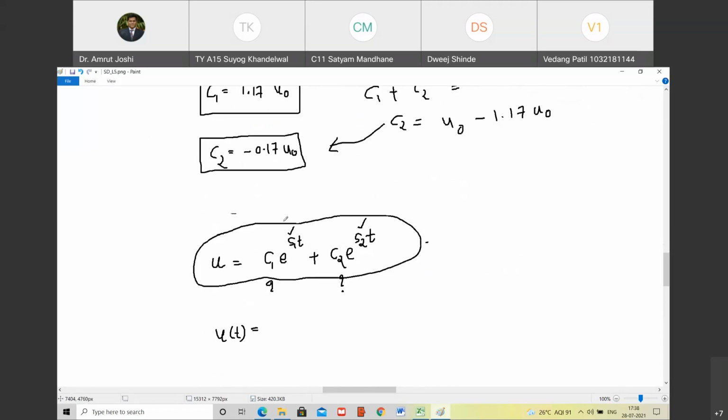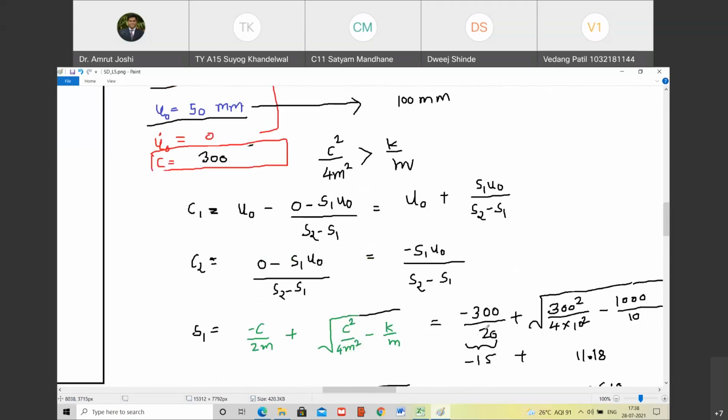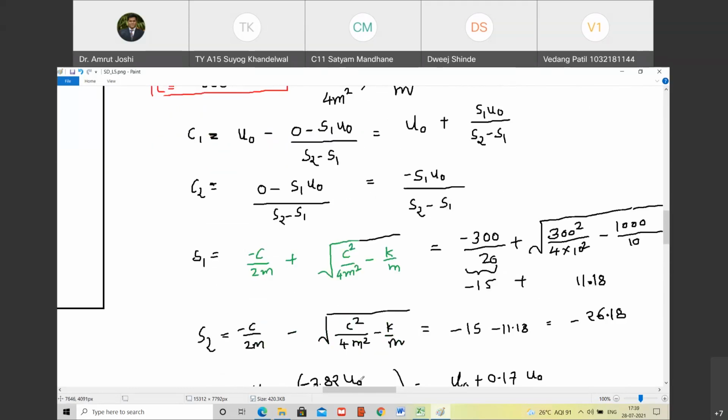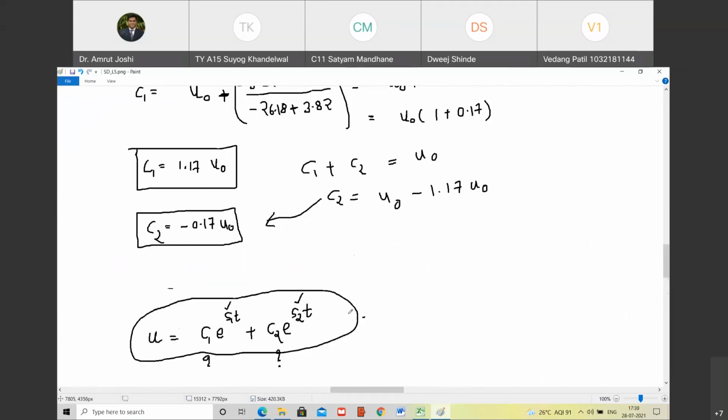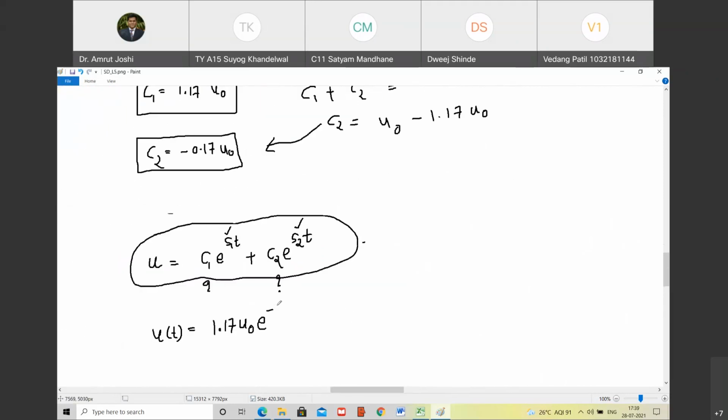Yes, sir. So let us write the solution. C1 is 1.17 U0. Happy? E raised to S1 T. But what is the value of S1? Can you tell me? S1 is minus 3.82. So it is minus 3.82 times T. Plus, what is the value of C2?